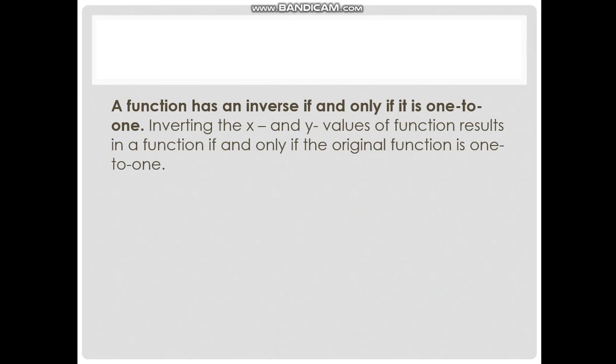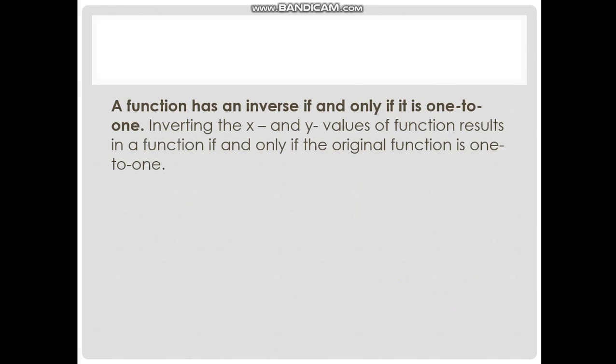Okay, a function has an inverse if and only if it is 1 to 1. Now, given the equation, magiging 1 to 1 siya pag ang degree or the highest exponent is an odd number. So meaning, pag even number ang exponent or the degree, hindi na siya 1 to 1 function.